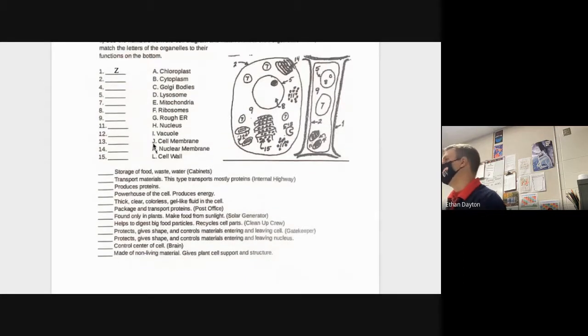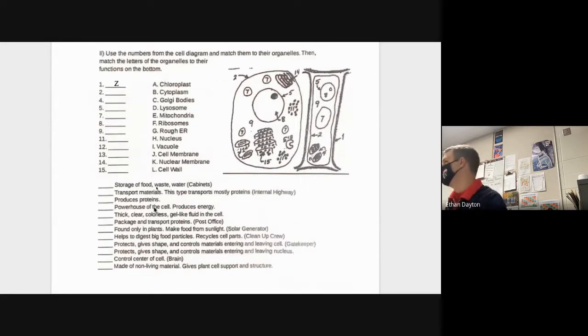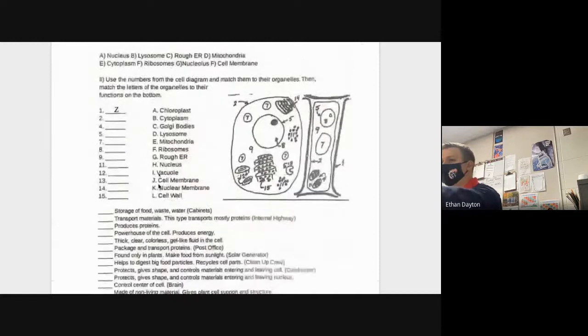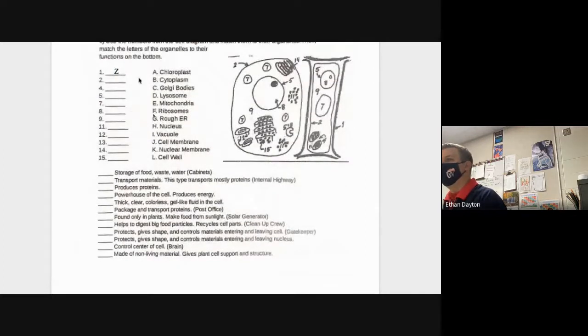Then there's kind of 2 schools of thought. You could go all the way down and do all 12 of those, and then go down here and go with their functions. Or maybe you want to go top to bottom. So maybe you say, I know that number 1 is letter Z, and I know letter Z is the control center of the cell.